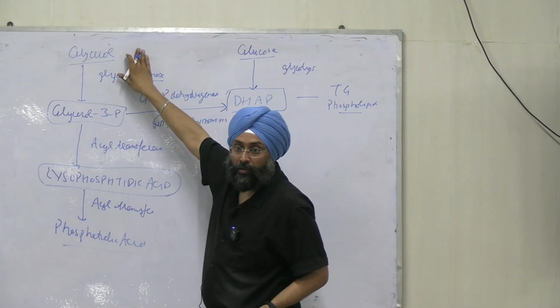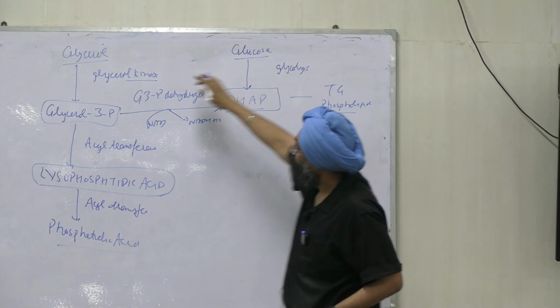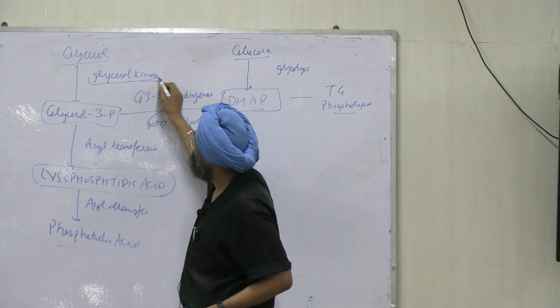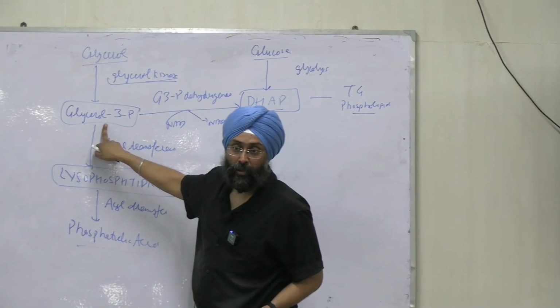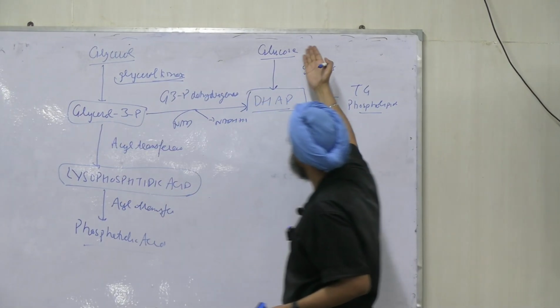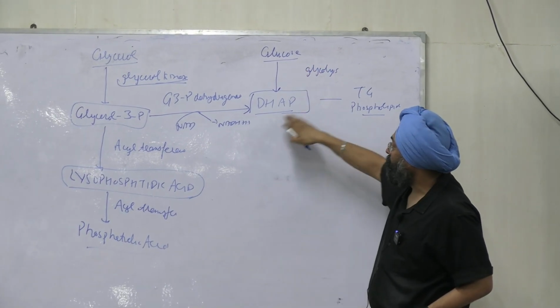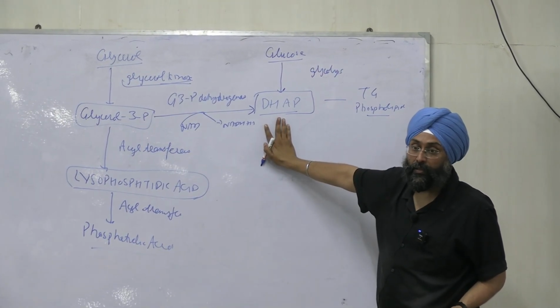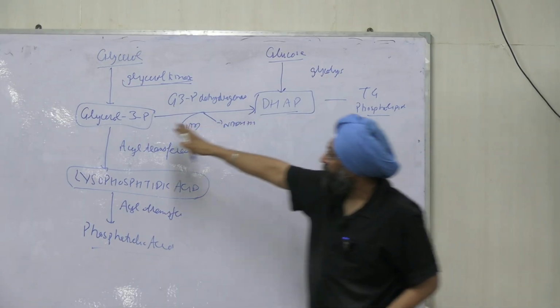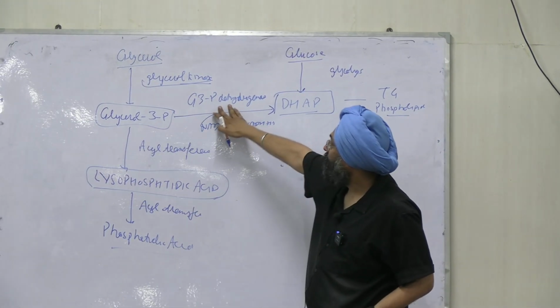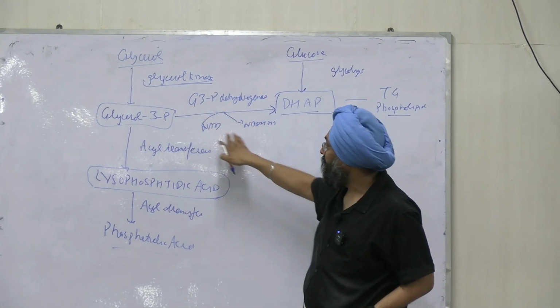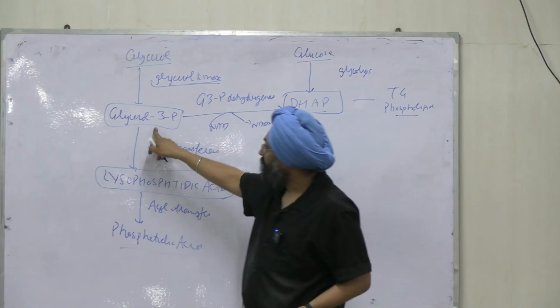Whether we start from glycerol or glucose: glycerol via the glycerol kinase reaction, phosphate is attached, we get glycerol 3 phosphate, right? In the same manner, glucose via glucose 6 phosphate, fructose 6 phosphate, 1,6 bisphosphate, we get dihydroxyacetone phosphate. These can be converted to glycerol 3 phosphate via the glycerol 3 phosphate dehydrogenase reaction with NAD.